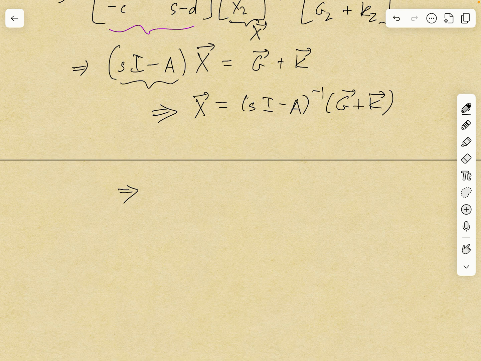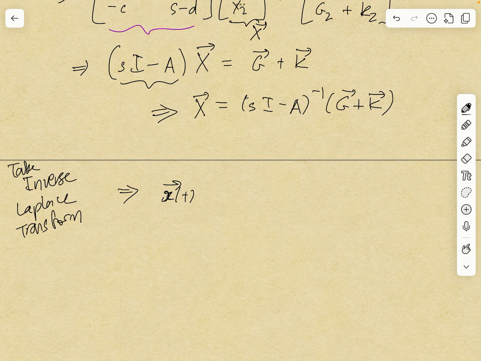If I take the inverse Laplace transform of capital X, I get little x, the vector of x1 and x2. So take the inverse Laplace transform of both sides. I get little x of t equals the inverse Laplace transform of sI minus A inverse times G plus K.